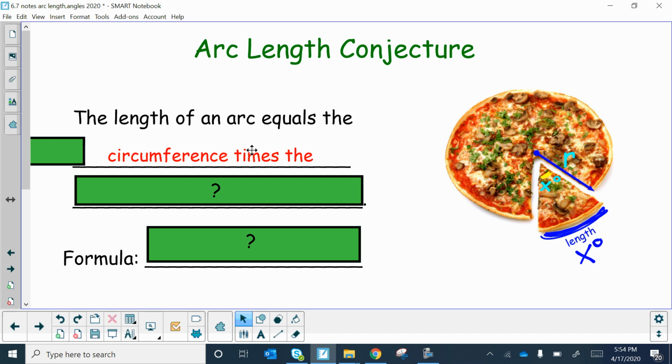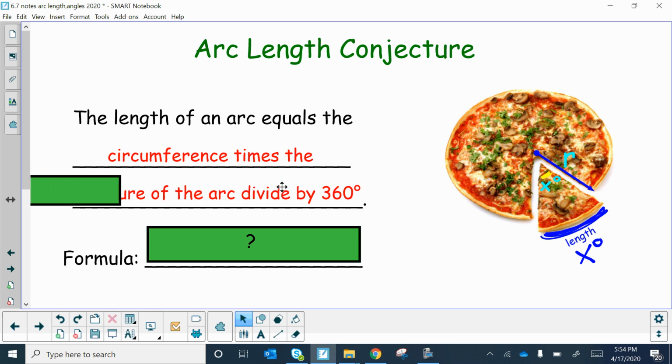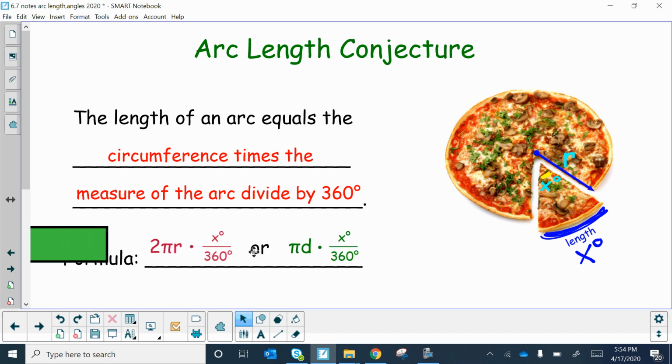You're going to take the circumference and multiply that by the measure of the arc divided by 360. This formula should look a little familiar because you did this with area of a sector. You found the area of a sector once before and that was part of the formula. So there are two formulas right here.